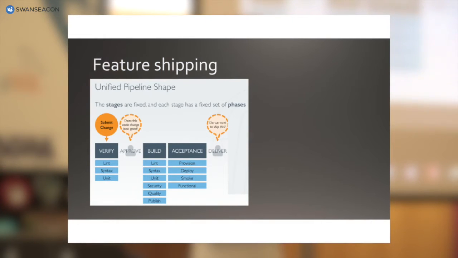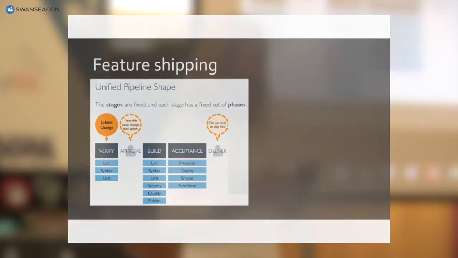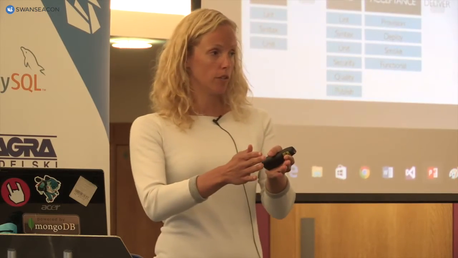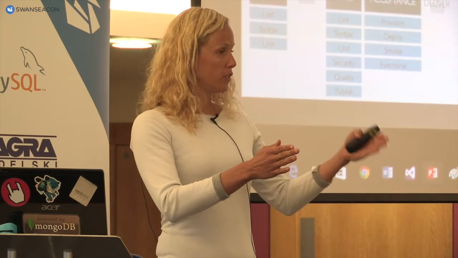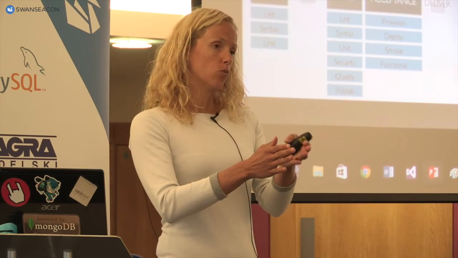One was the feature shipping. If you test with the latest version, every time you make a commit, you're testing this new landscape with this latest version, but all these other commits that were done, that's where you run the integration test on. So you're testing with a landscape that's feasible to go into production.